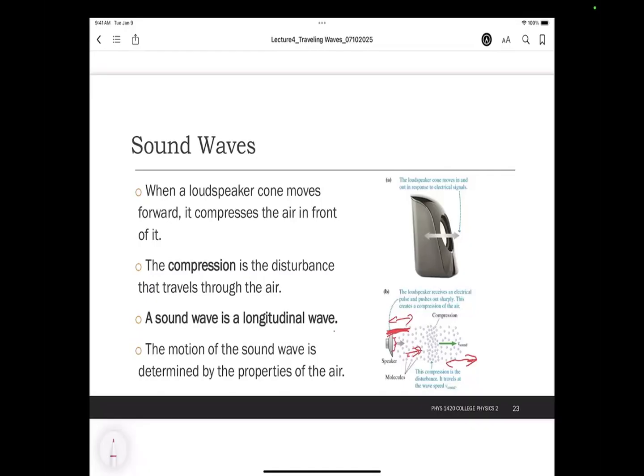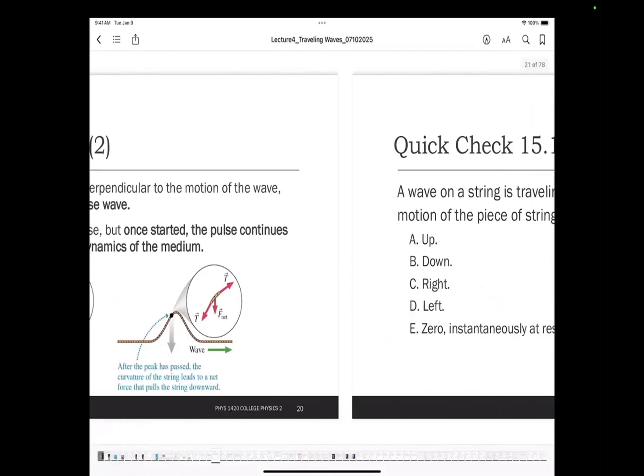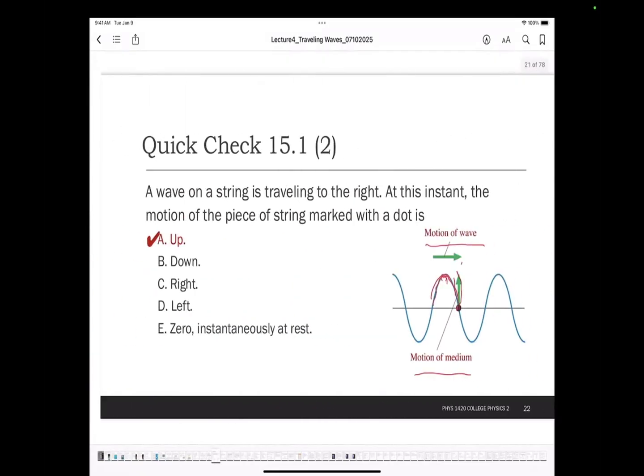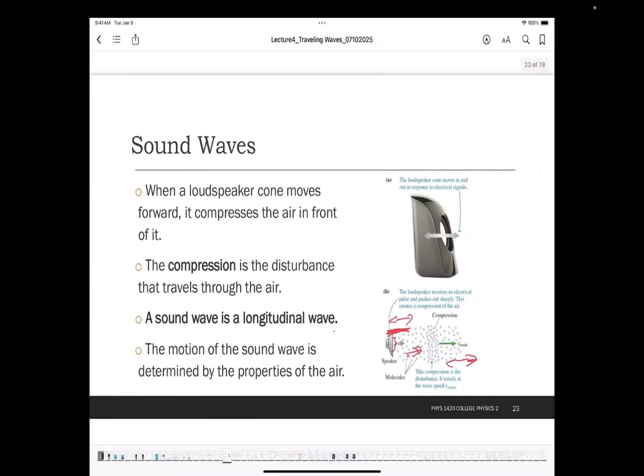The motion of the sound wave is determined by the properties of the air. We talked about that: once you make this pulse, how the wave travels in a string is decided by the string, not by the pulse. It's decided by the medium. It's a similar thing here.